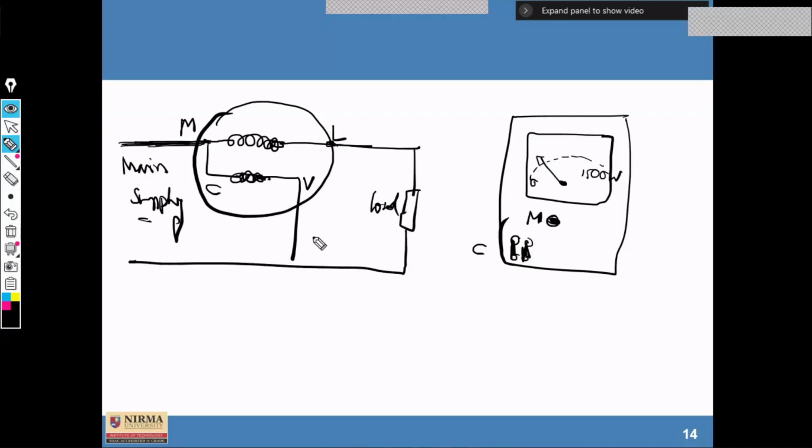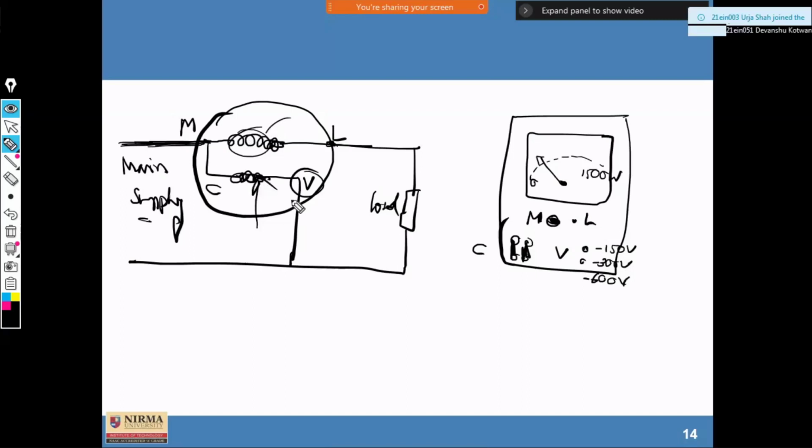So this is the connection. Here one more terminal called L is also there, and the fourth one is V. V has different ranges of 150 volt, 300 volt, and 600 volt according to the requirement. C is common for these 2 different coils, the pressure coil as well as the current coil.